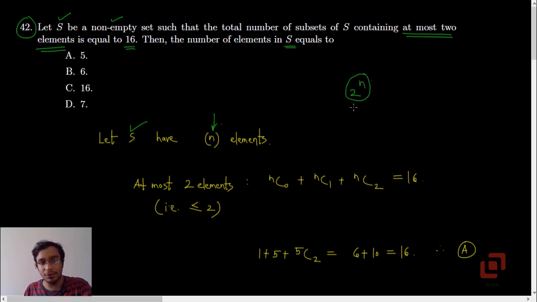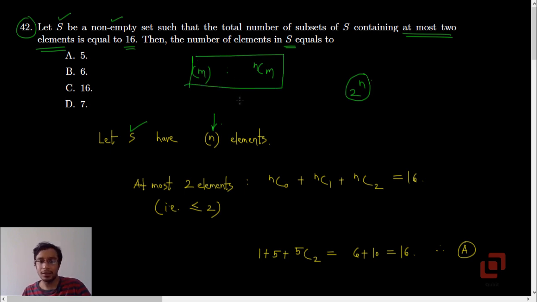And if you know the distribution of the subsets of S as far as the number of elements is concerned, if we want the number of subsets which have m elements, then that is actually nCm. This is a well-known result in set theory.